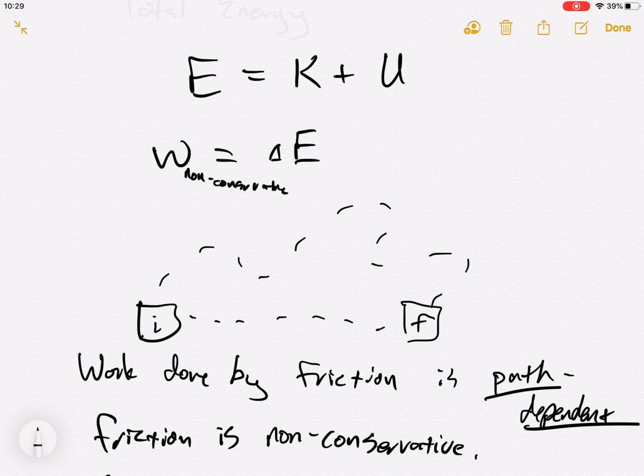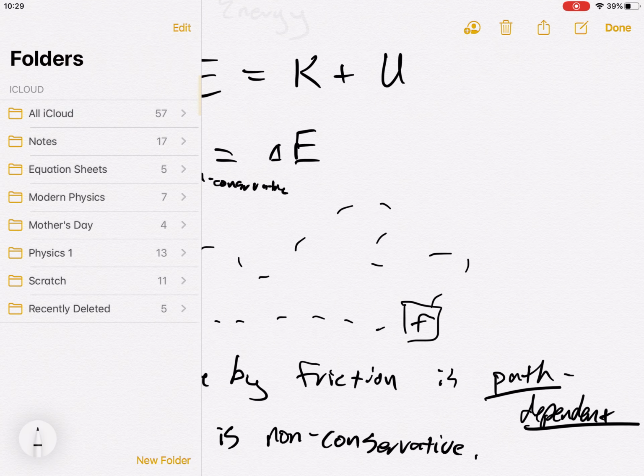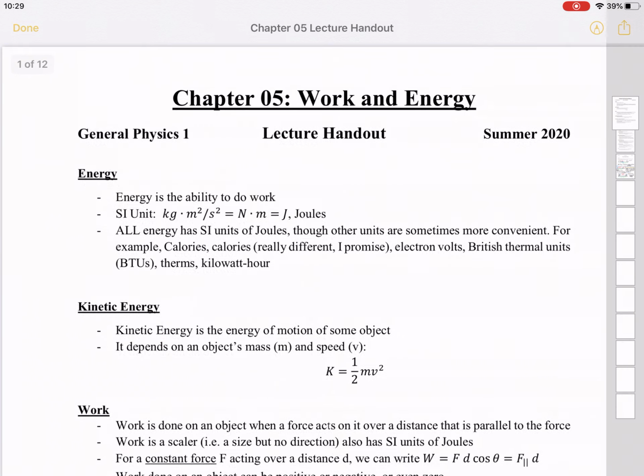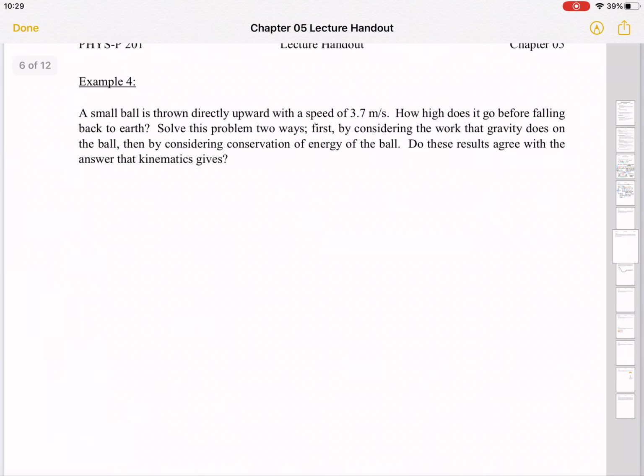So let's look quickly at another example. Example 4 here says a ball is thrown directly upward with some initial speed. How high does it go before falling back to Earth? Okay, so we could do this two ways. We could either talk about kinematics, which is what I just suggested.